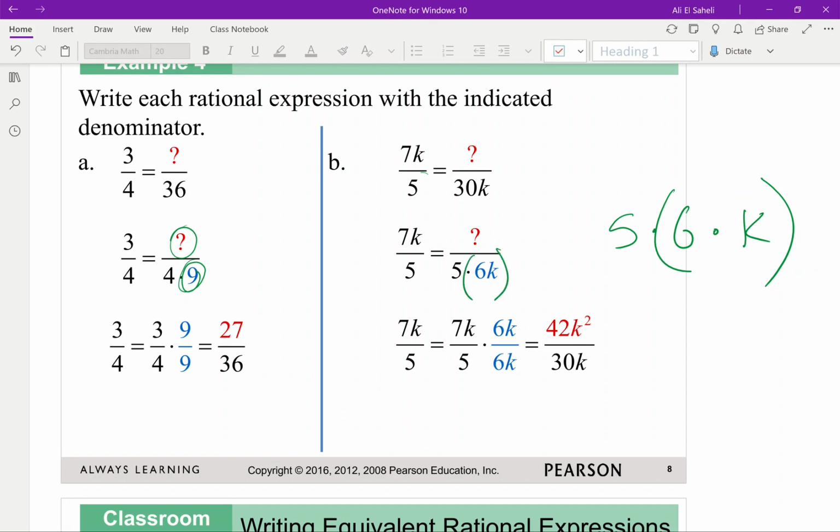To do that in a mathematically correct way, you have also to multiply the numerator by 6k. So you're multiplying the whole thing by 6k over 6k. 6 times 7 is 42. k times k is k squared. 5 times 6k is 30k.